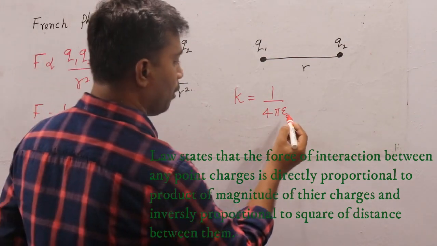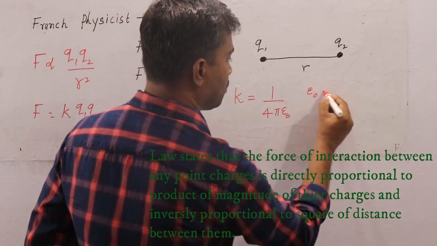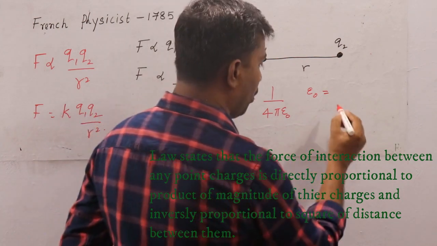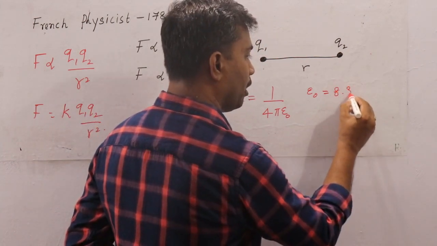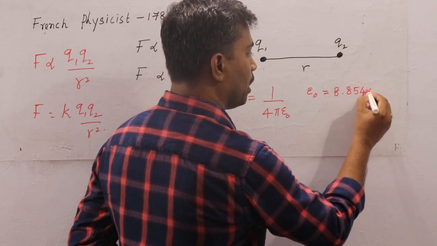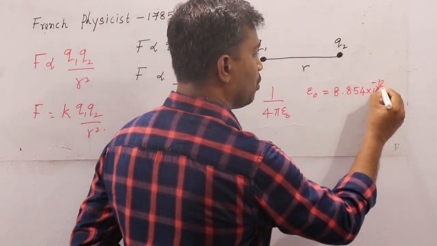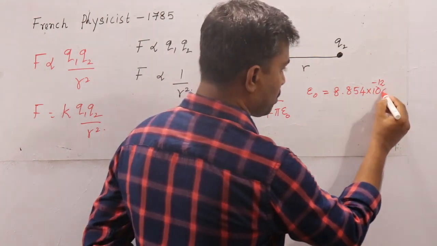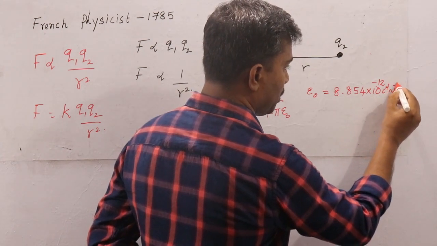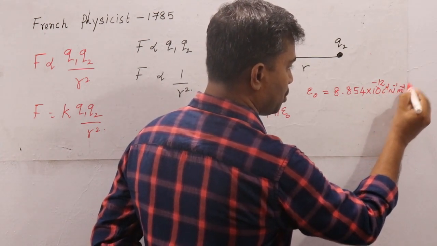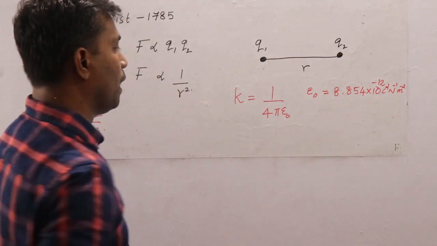The value of epsilon 0 is 8.854 times 10 raised to minus 12 Coulomb square Newton raised to minus 1 meter raised to minus 2. That is the unit of epsilon 0.